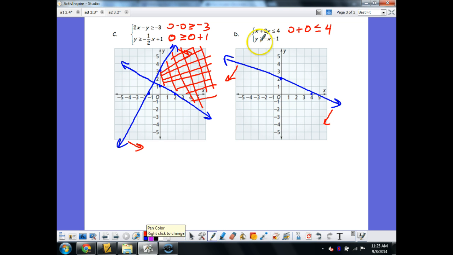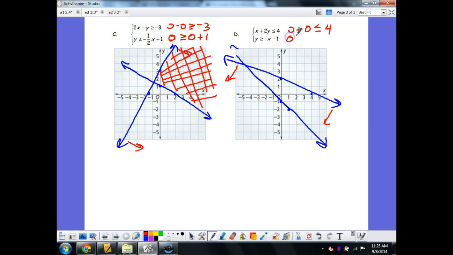And then the second line, it's in slope-intercept form, so the y-intercept is negative 1, and the slope is also negative 1. And so our final region is either going to be here, if 0, 0 makes that second inequality true, or down here if it makes it false.